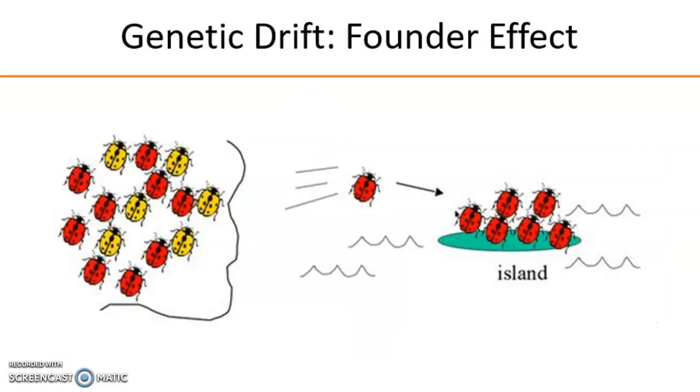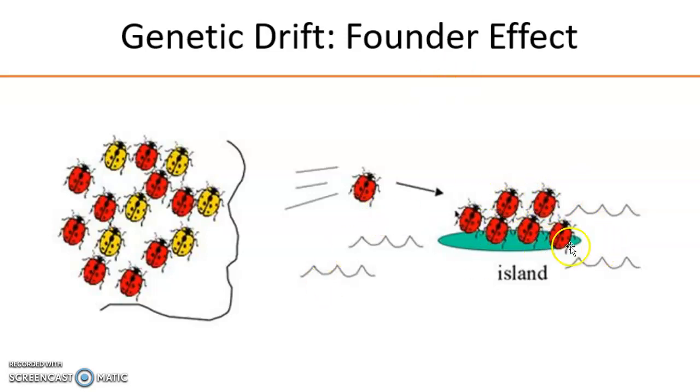Another example of genetic drift is the founder effect. So with this one, there's still that change in our allele frequency, but it's due to a geographical change. So maybe we had some ladybugs on the mainland. By chance, some of them got sent to the island, but it doesn't represent the original. But they are now separated from each other.